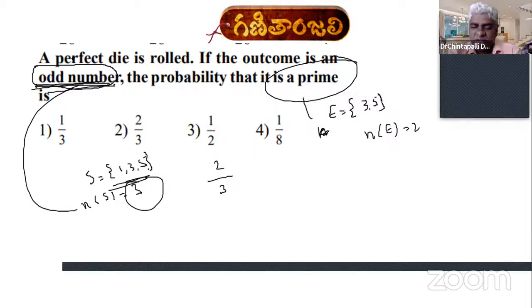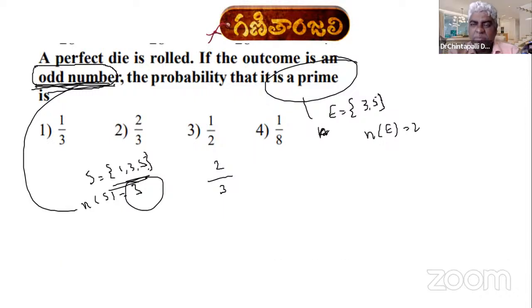If it is from all numbers, it will be 2 by 6. If we are asked to find the probability of having a prime number on the top face, it would be 2 by 6. But the question is about prime numbers among odd numbers. The answer is 2 over 3.